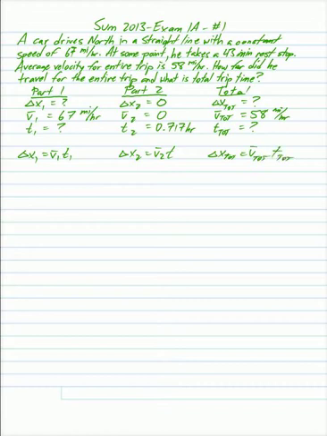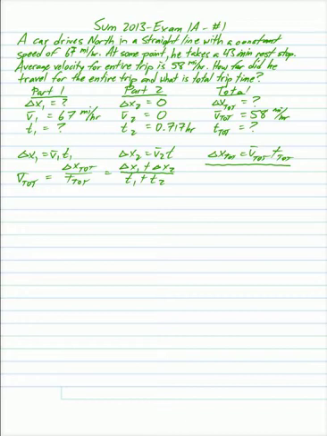The trick here is I'm going to use this equation as a starting point. v bar total is equal to delta x total over t total, which can also be written as delta x1 plus delta x2 over t1 plus t2.